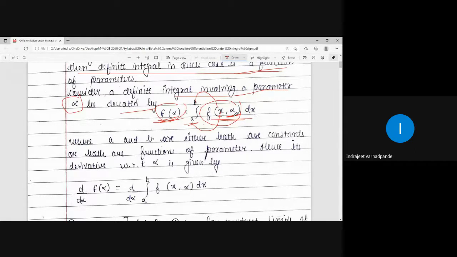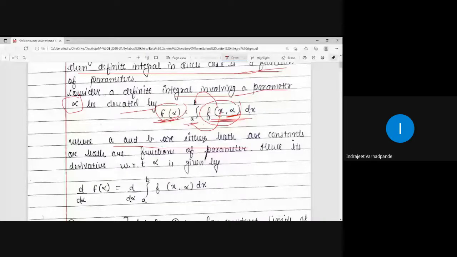After performing the integration and putting in the upper limit and lower limit in place of x, alpha remains as it is, and whatever term is left out is called the function of parameter.